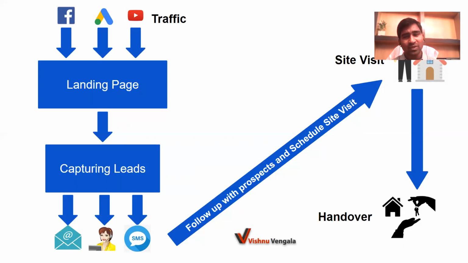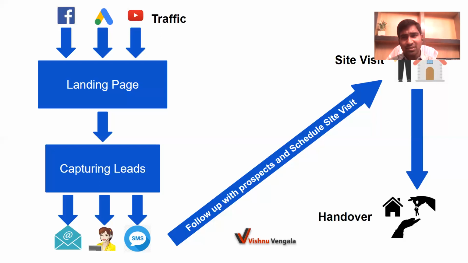And also with the Zapier tool you can send a reminder about the leads captured to your telecalling team, where this telecalling team will call your customers within seconds or a few minutes, and they will explain all about the project, and they'll answer all the questions that your potential customers have, and they'll schedule a site visit.